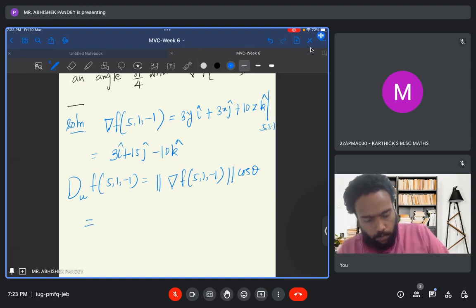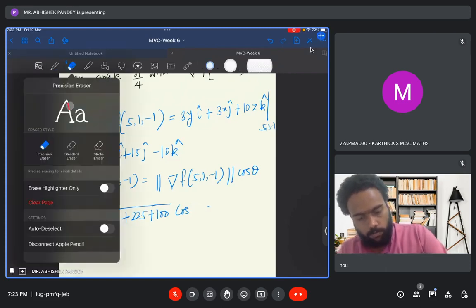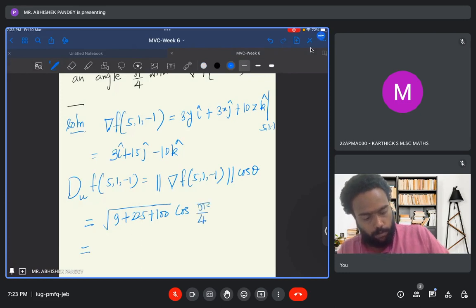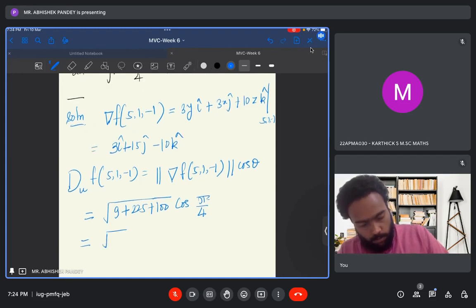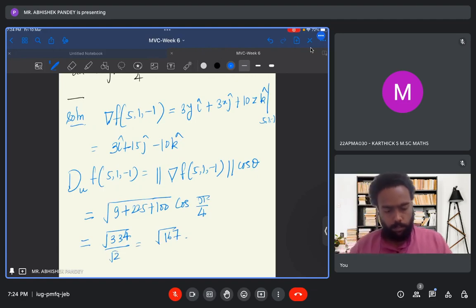So this will be the square root of 9 plus 225 plus 100 times cos theta, and theta is pi by 4, and cos pi by 4 is 1 by root 2. So this will be root 334 by root 2, which is root 167. Okay, so this is the answer.